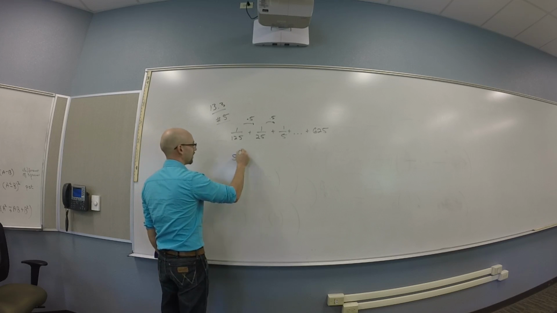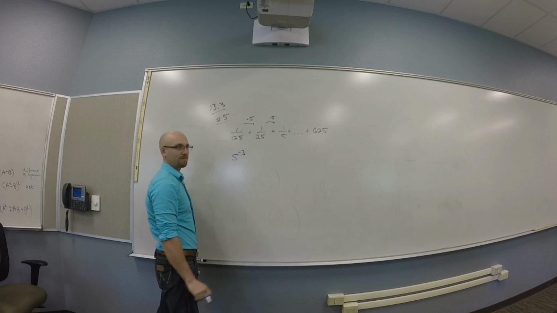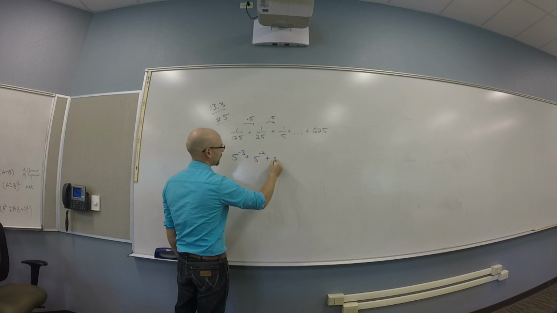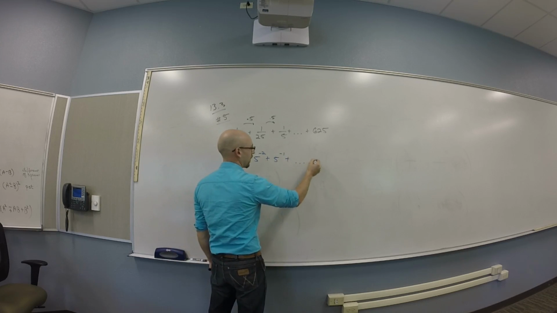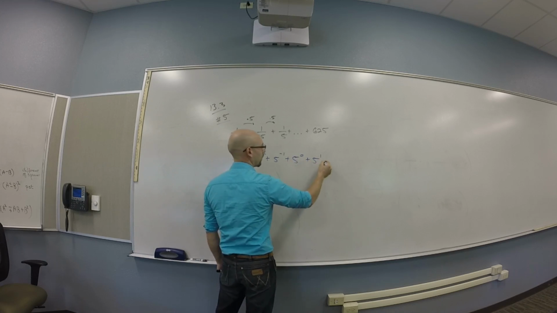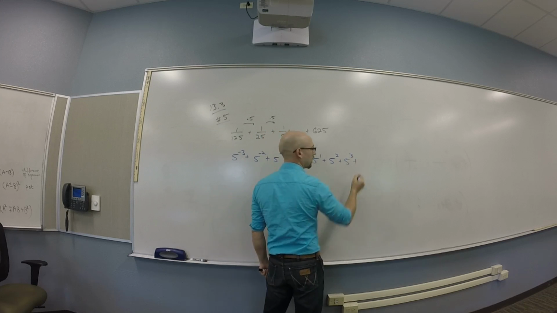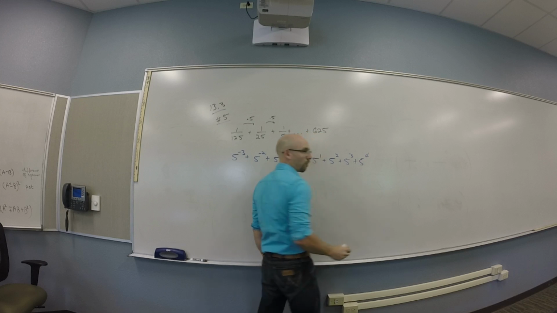So this is 5 to the negative third, right? You guys all with that? And then my next term is 5 to the negative 2, and my next term is 5 to the negative 1. That's 5 to 0. Then 5 to the first, 5 to the second, 5 to the third, and then 5 to the fourth. 625 is actually 5 to the fourth. Interesting.